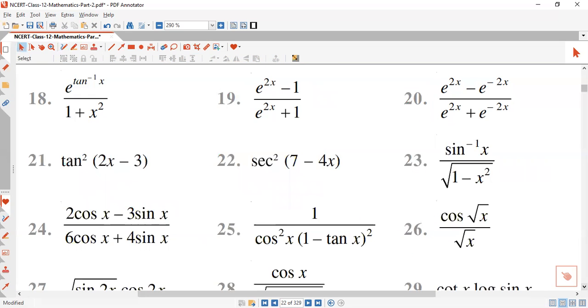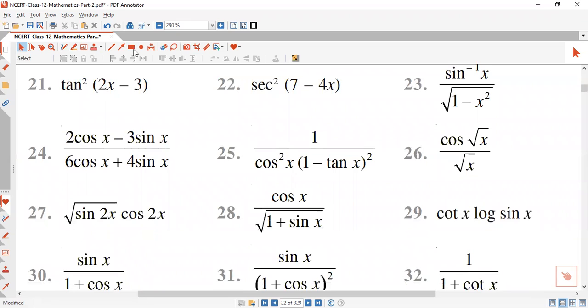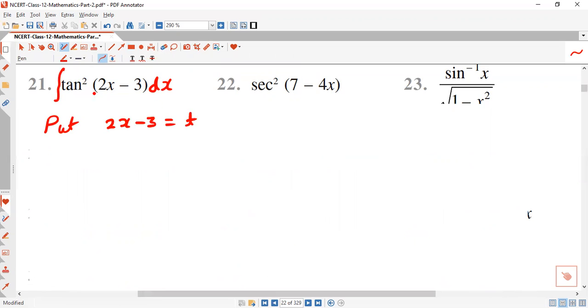Now the question number 21. We want to solve this question number 21, integration of this one, dx. Put here 2x minus 3 equal to t, because this is the argument or angle of this tan function.